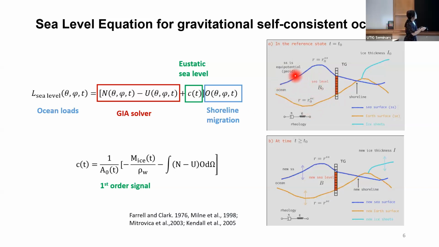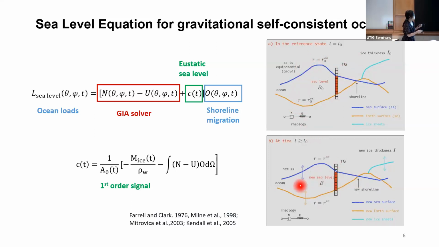The sea level is bounded by two surfaces. One is the ocean surface, the blue curve, and another is the solid earth surface, or the bathymetry or topography, we can call it. If the ice melted, this will perturb both of these surfaces.